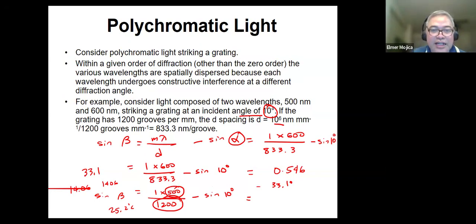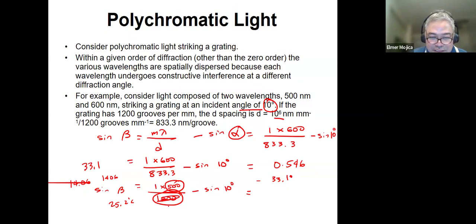I think it's my mistake: instead of 1200, it should be 833.3 also. So try to do the calculation. Because you get the 833.3 if you divide 10 to the 6 by 1200 groups.